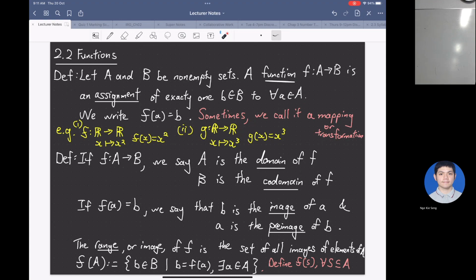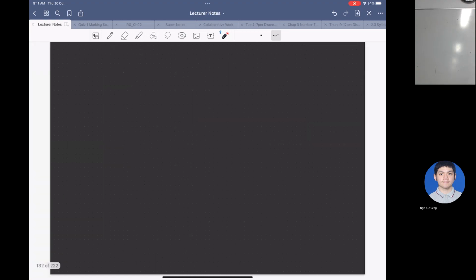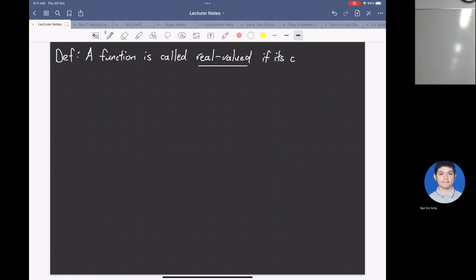These functions are called real value functions. Why are they real value? Because they take value in the real numbers. Its codomain is the set of real numbers.